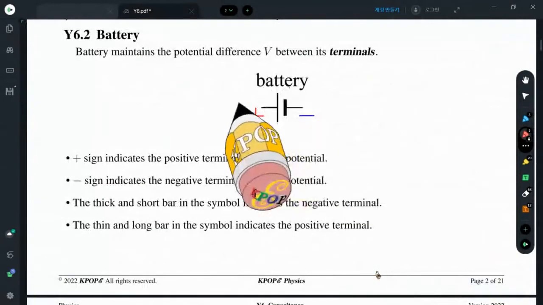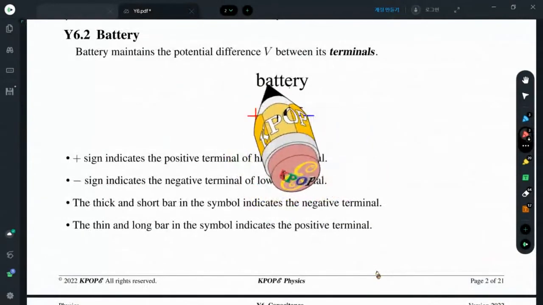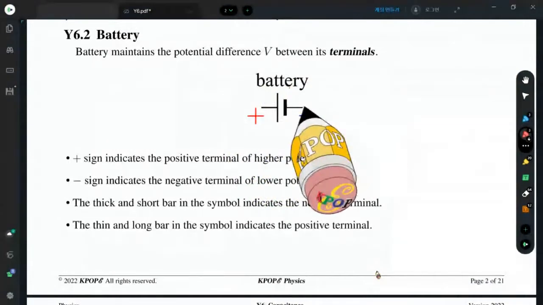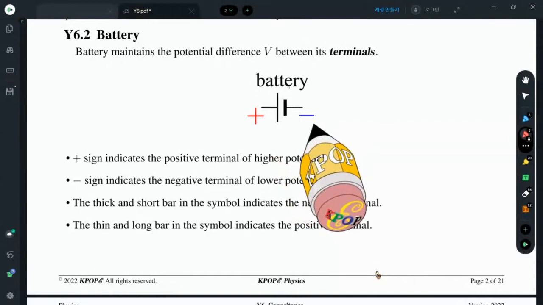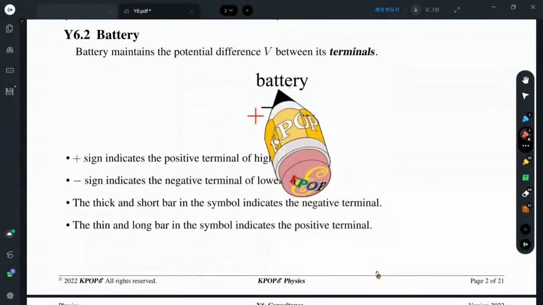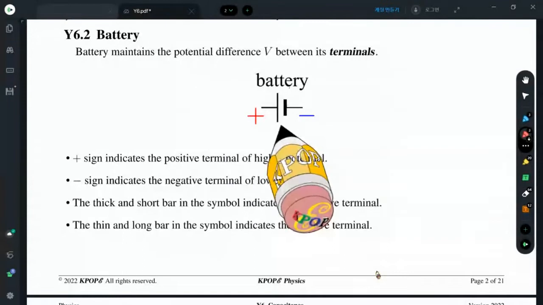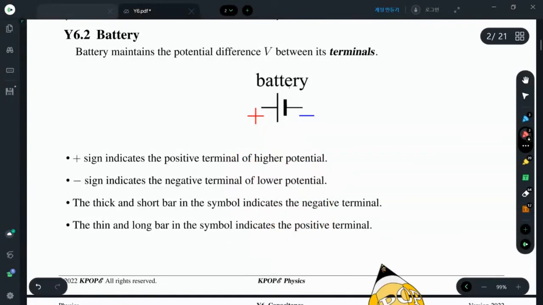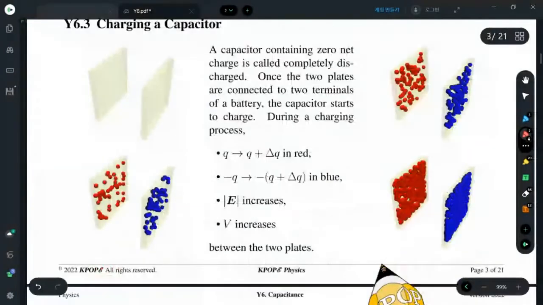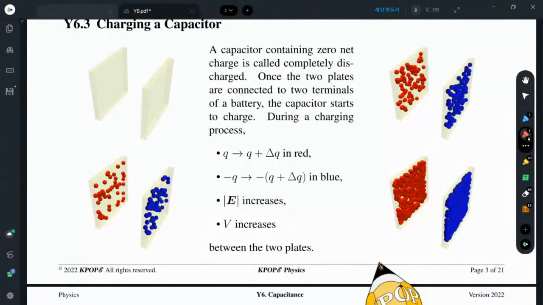You know the circuit element battery: the thick short line represents the negative, and the thin long line represents the positive terminal. For simplicity, we first consider a parallel plate capacitor.